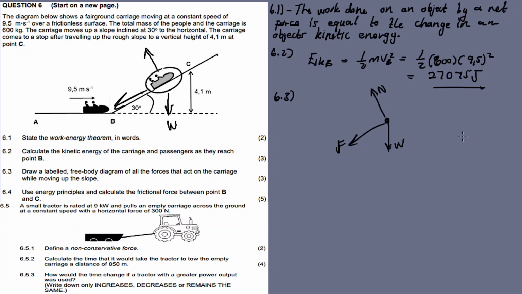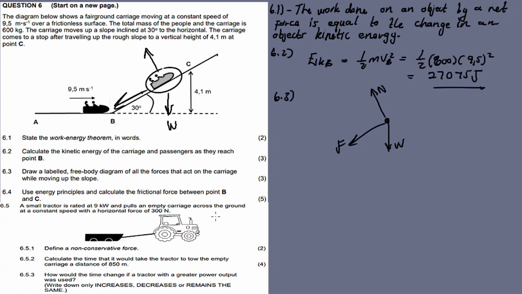6.4. Use energy principles to calculate the frictional force between B and C. Some students get confused with these questions where we calculate using our energy principles. It's up to you to say which formula.